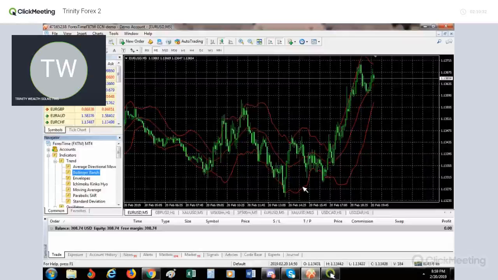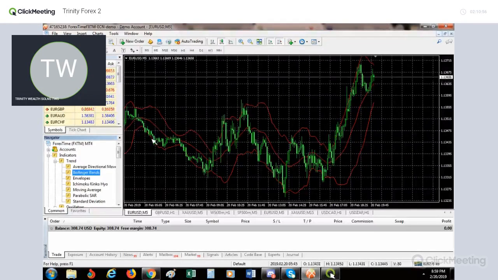The same case with when it hits the lower band, which tells us we're supposed to buy. You can wait for another confirmation signal, either a pattern to be formed, like a kangaroo tail, double bottom, or an inverse head and shoulders, to confirm that yes, this market has hit the bottom, it's reversing and going up. So that's about the Bollinger Band.